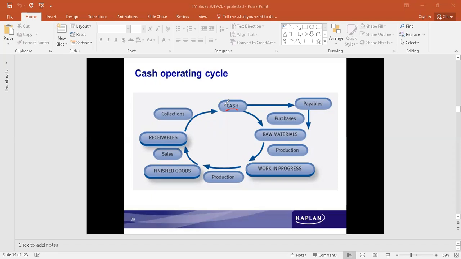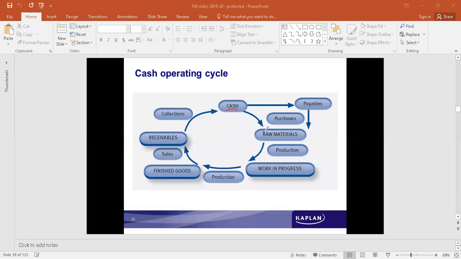So how much time does it require, or what is the cycle from the time cash is invested till the time they get back the cash? First, cash would be invested into the purchase of raw material. This raw material gets converted into finished goods, or production work starts.